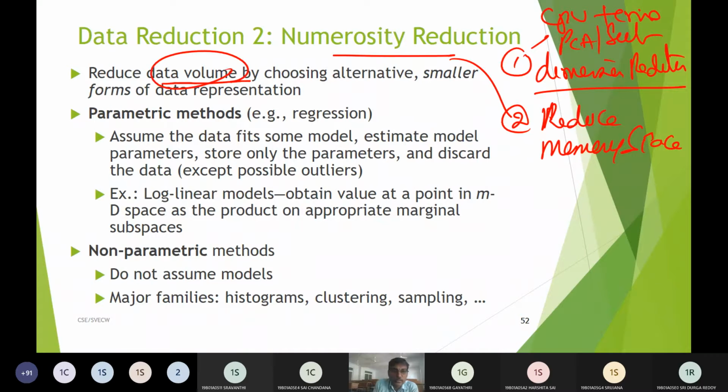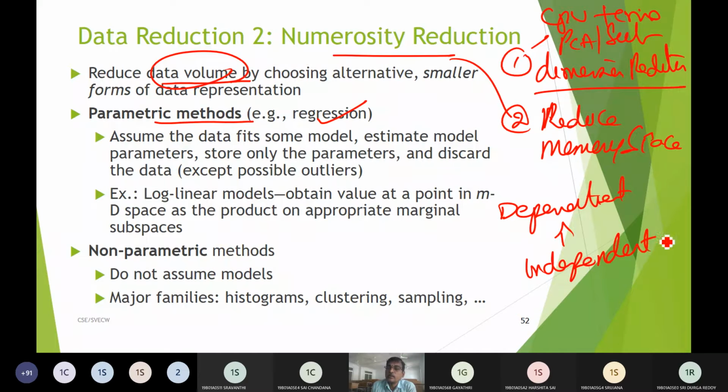So we are going to reduce the volume. How we are going to reduce the volume: first of all, we will take the parametric method. In this parametric method, we will opt for regression. In regression, the main intention is that we have dependent variables and independent variables. These independent variables are going to bring up a model to fit the data, to estimate the data.